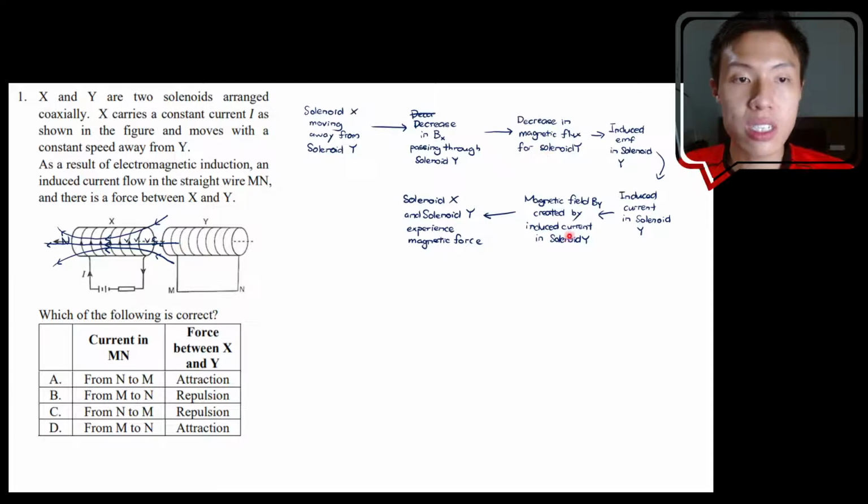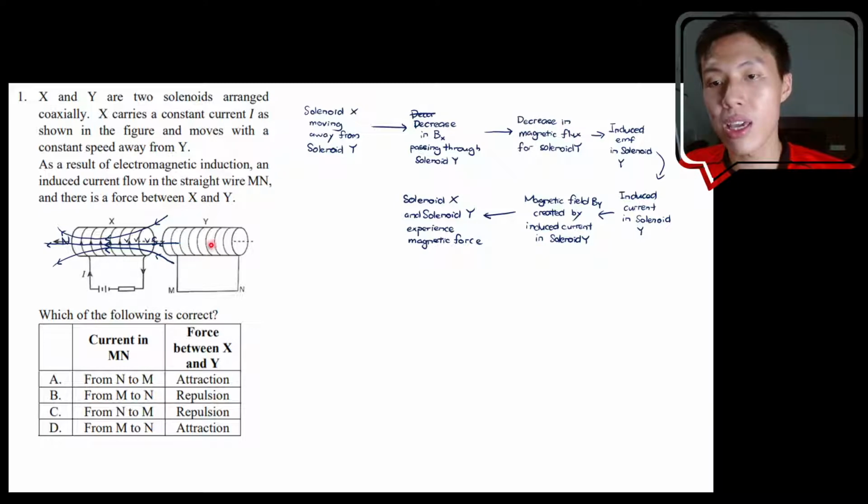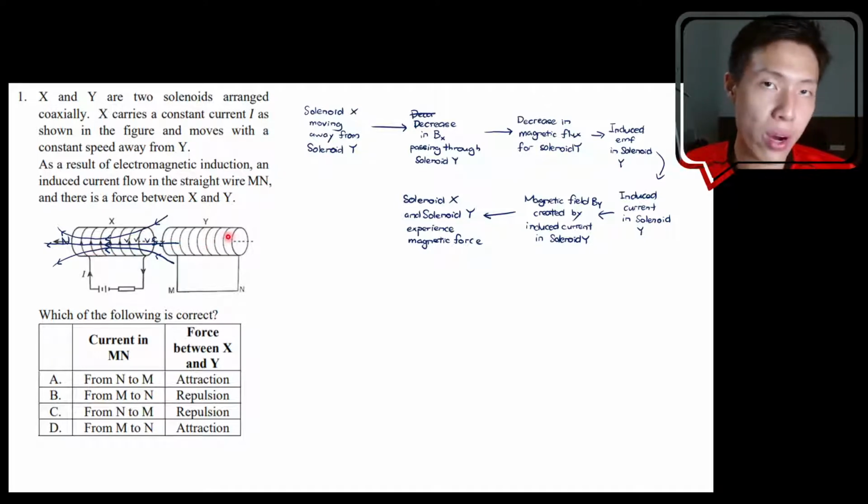In other words, this induced current will try to increase the magnetic flux for solenoid Y. So if we want to increase the magnetic flux for solenoid Y, we want to pull coil X back towards coil Y.